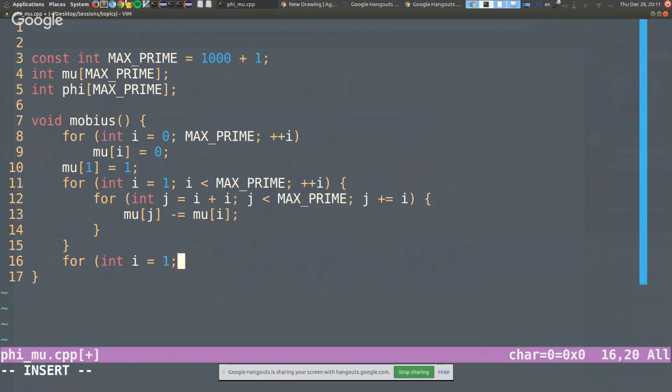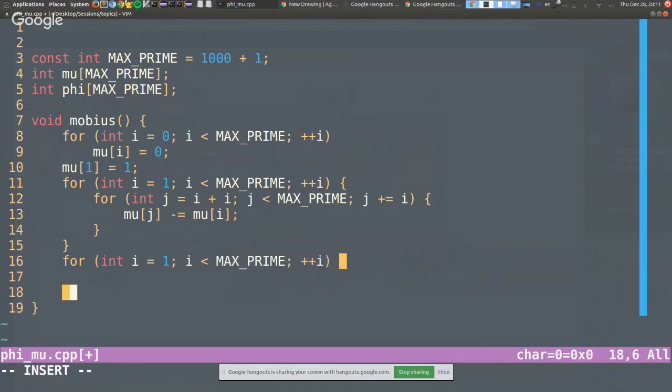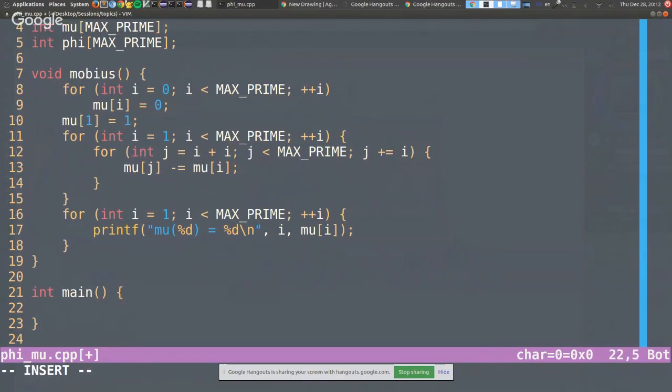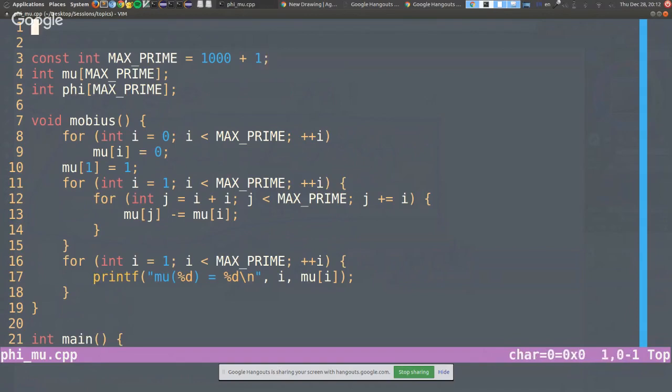Here we go from i equal to prime, mu prime.